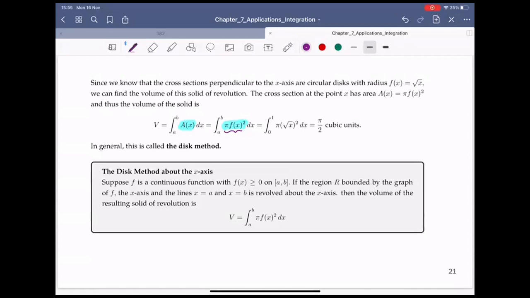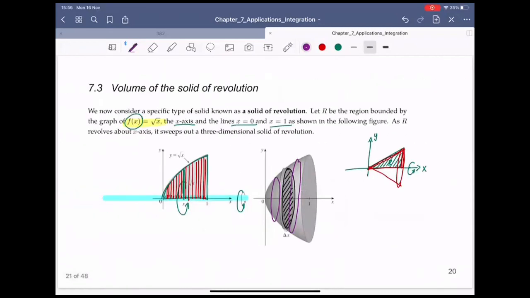Why is that? Go back to the picture. This is your r, the one I drew in the purple line here. For sure, your r is going to be your function f(x) minus 0, because you just rotate about the x-axis.